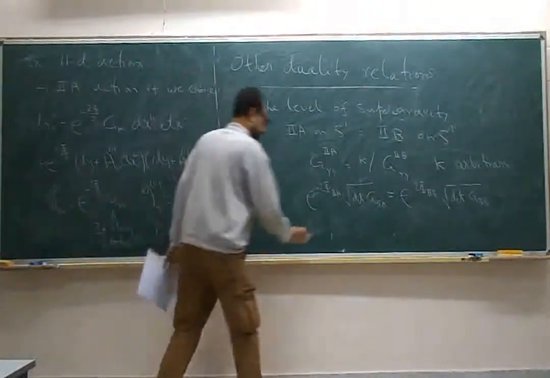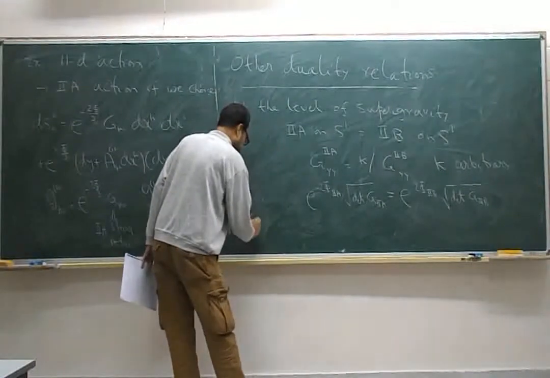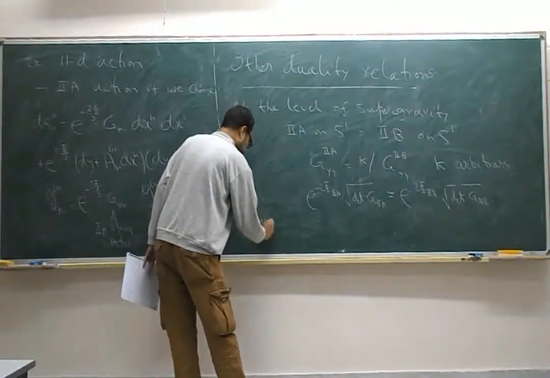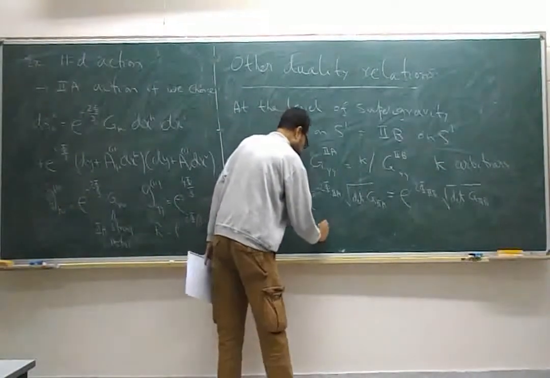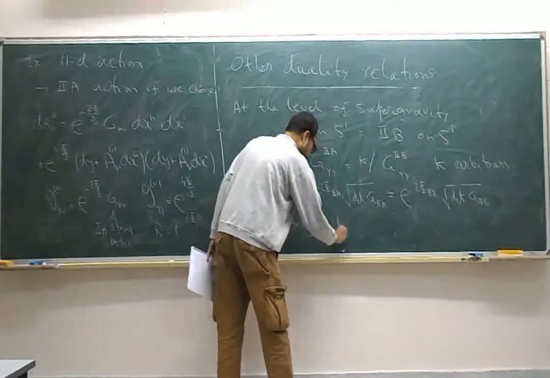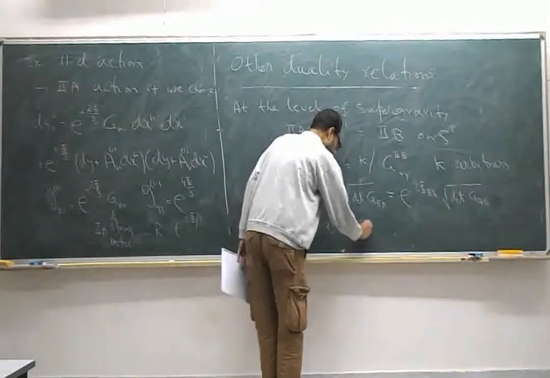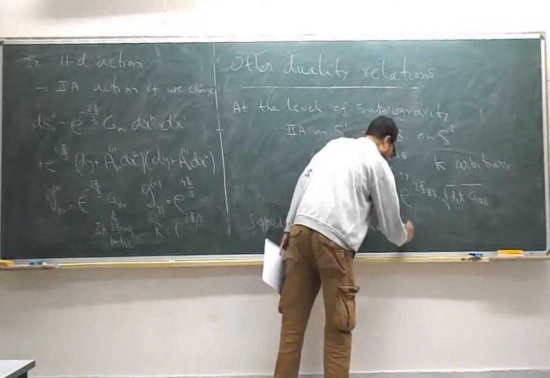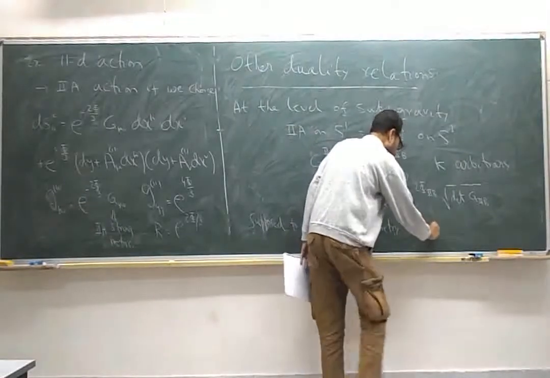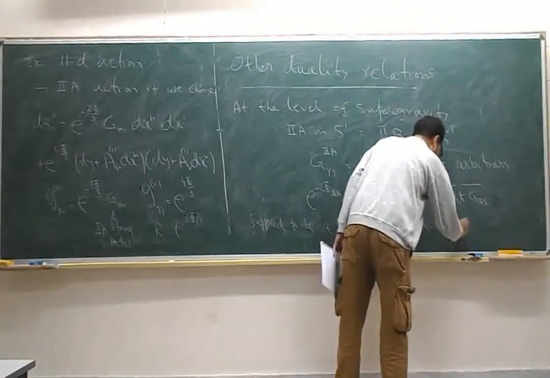And this is supposed to be exact, a true symmetry. This is at the level of string theory again for k equal to 1, with alpha prime equal to 1.